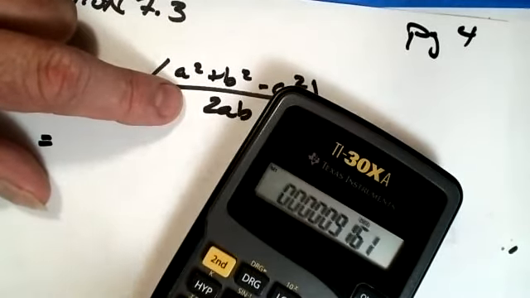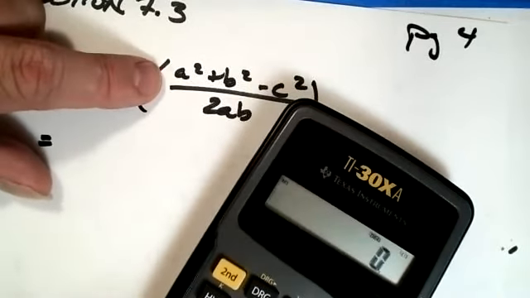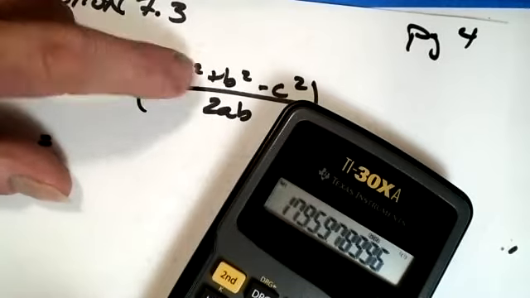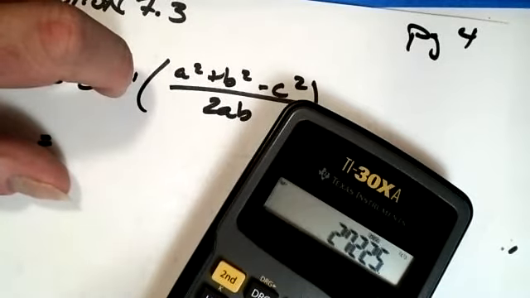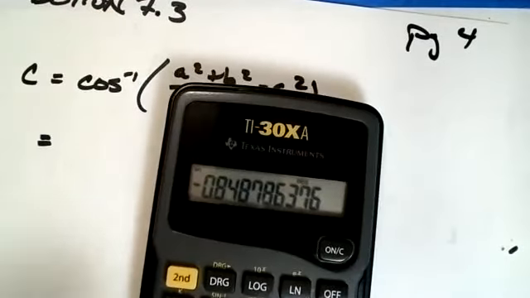Take the reciprocal. Then multiply by parentheses A squared, which was 43, plus B squared, which was this weird number, squared. Then subtract from that C squared, which is 165 squared. Take the division. And notice that's a negative number.